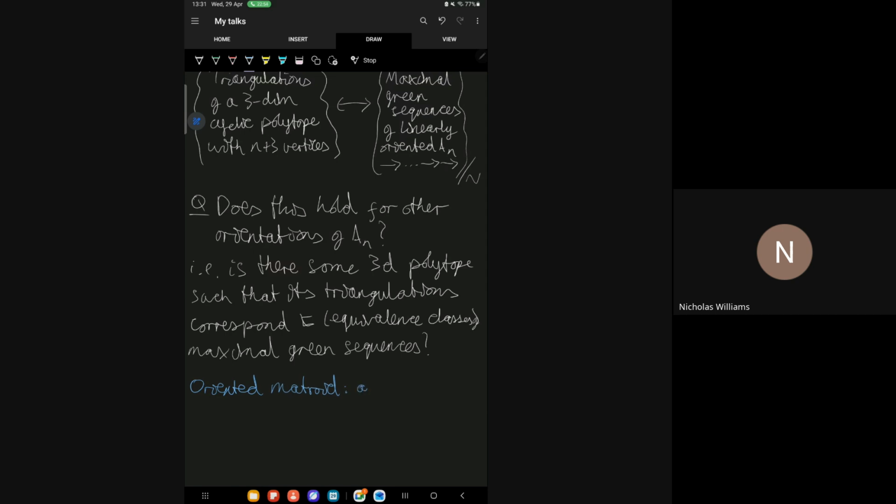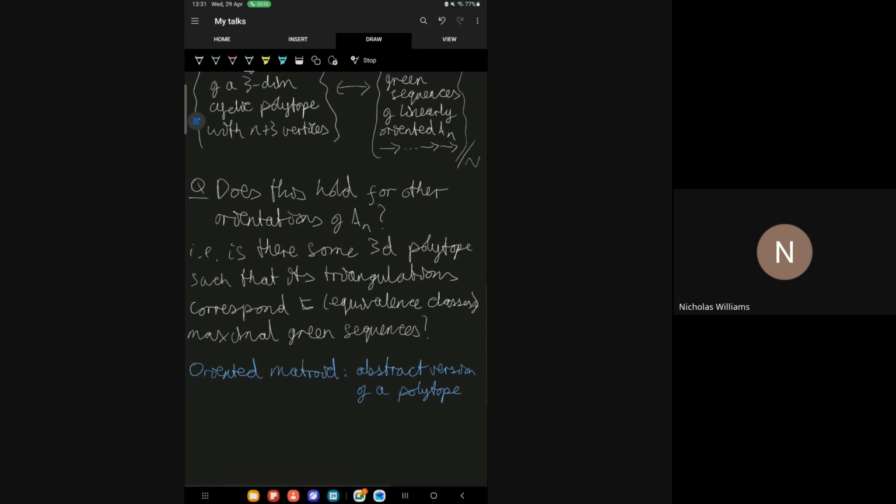So one can think of this as somehow the abstract version of a polytope. So every polytope has this associated structure called an oriented matroid. So every shape has this. But not all oriented matroids can actually be realized using polytopes.